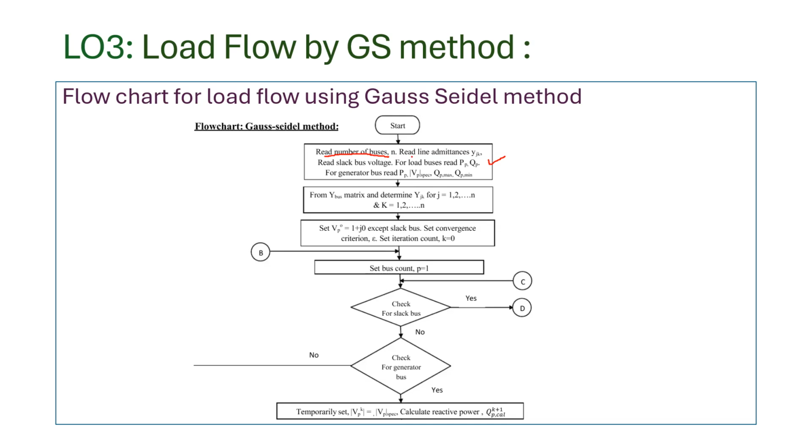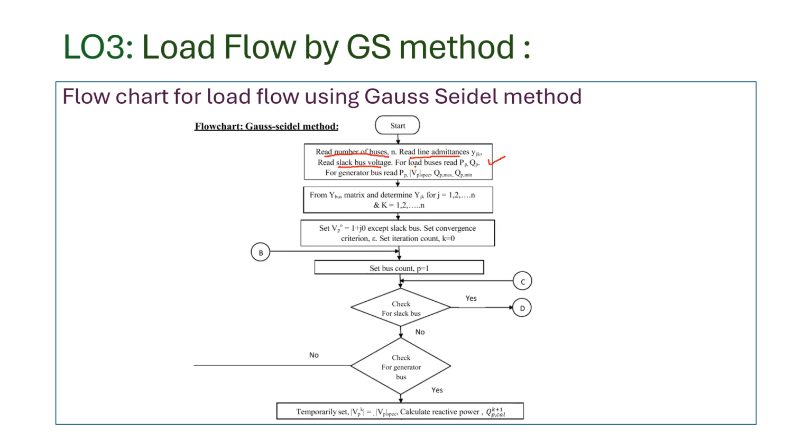Along with self impedances, we have to take line charge admittances, and if there are any mutual impedances, that also we have to read. So entirely we have to read the transmission network data. Then regarding the bus data, read the slack bus voltage, as we know that at the slack bus we specify the voltage.